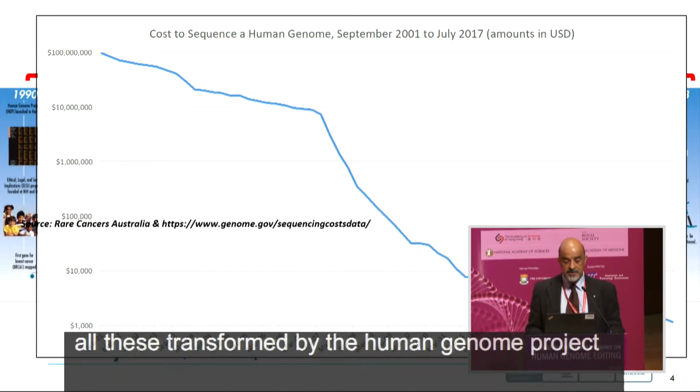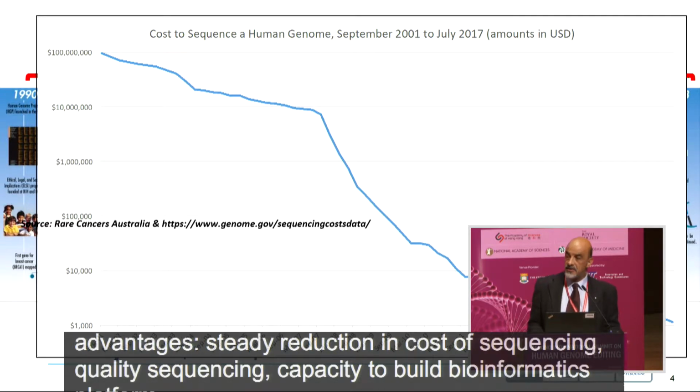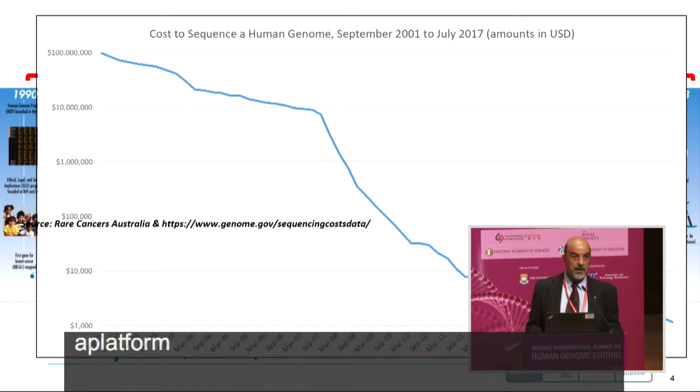And so you can see now that in 2017 and beyond, the cost of a human genome in terms of reagent costs and sequencing costs has gone from $3 billion to around about $1,000 US. And so this has really transformed our capacity to be able to use this technology in mainstream diagnostics.